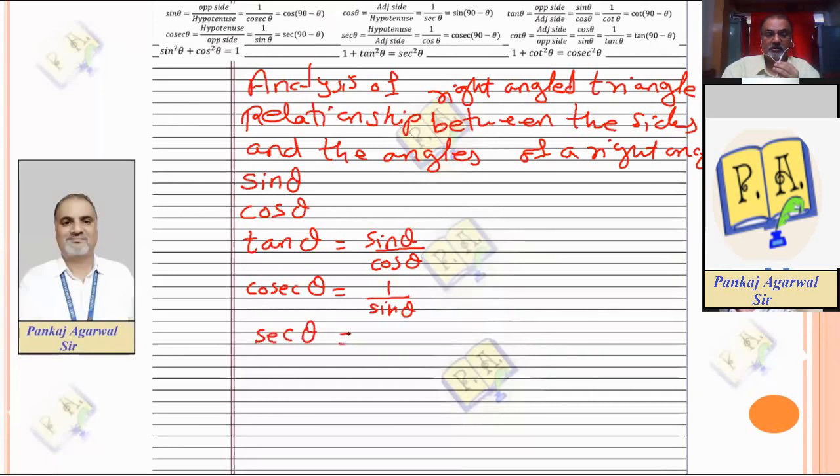Secant theta, also sec theta, which is a reciprocal of cos theta. And cotangent theta, popularly called cot theta, which is nothing but a reciprocal of tan theta. But as we know that tan theta is sin theta upon cos theta, cot theta will be cos theta upon sin theta. So we have studied 1, 2, 3 last year, but here we have studied 4, 5, and 6 ratios.